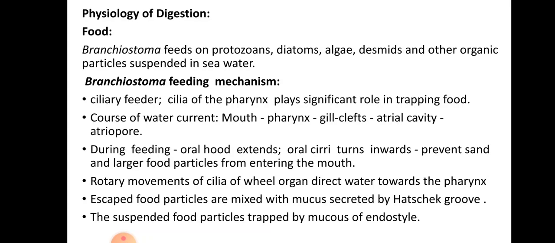These food particles are pushed through the enterostome into the pharynx by the whirling action of the wheel organ and join the main current. The ingress of water into the pharynx is controlled by the velum.